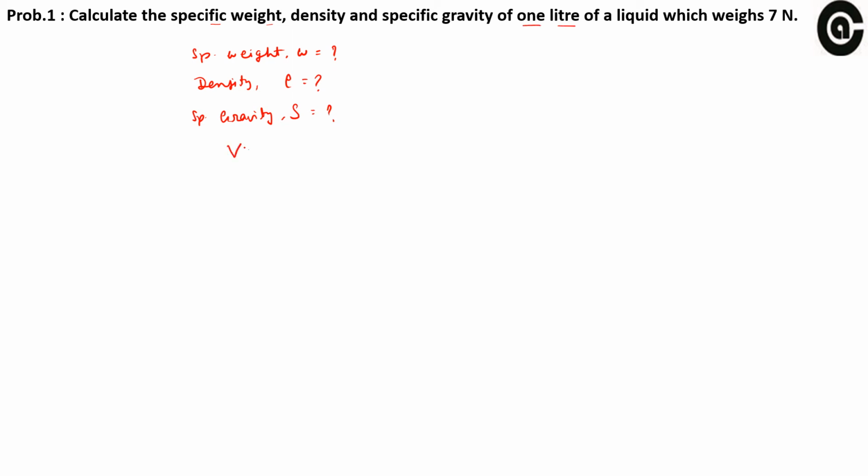That means the volume of the liquid is given as 1 liter, and 1 liter is 1 upon 1000 meter cube, which weighs 7 Newton. That means the weight of the fluid is given as 7 Newton.